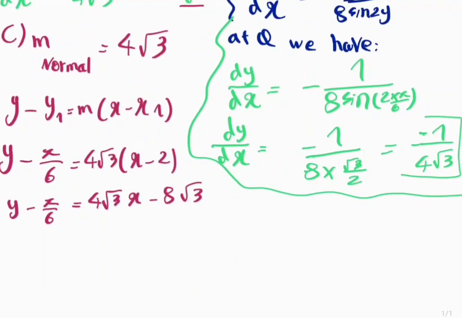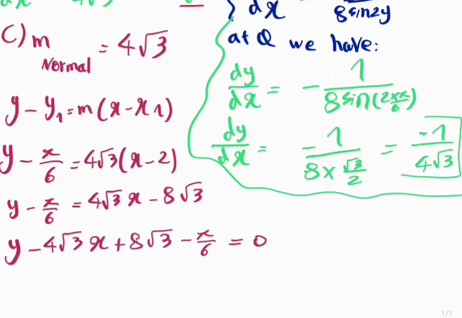We need to bring each of these terms to the left hand side. We will get y minus 4 root 3 x plus 8 root 3 minus pi by 6 is equal to 0. And that's it. This is now in the standard form, and this is our c term, then this is our b, and our a value is 1.